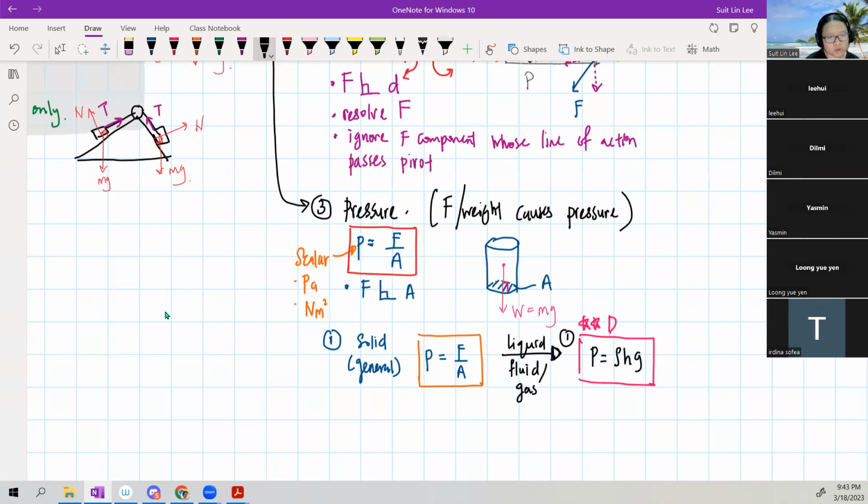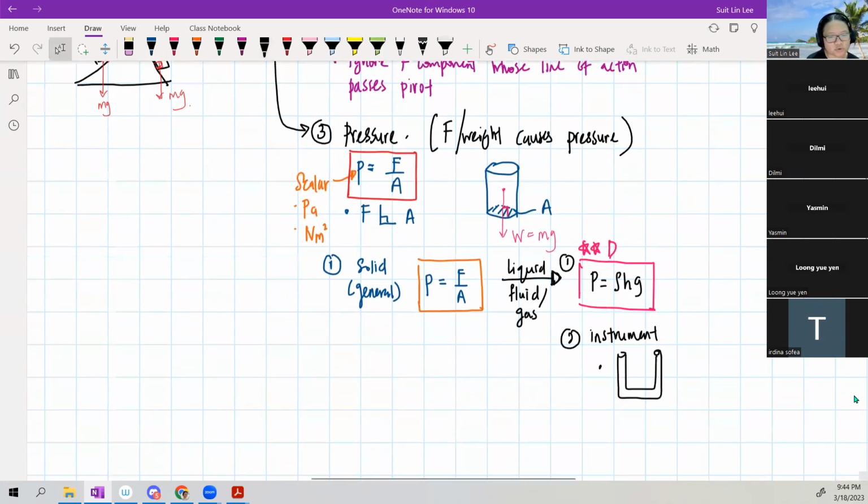Number 2, you should know how to use the instrument or the device, such as the manometer, your U-tube. They will put this one in mercury here, then maybe another mercury arm here, this kind of U-tube.